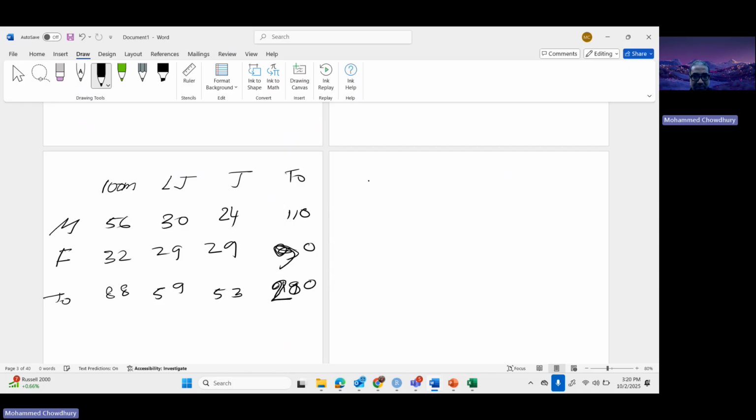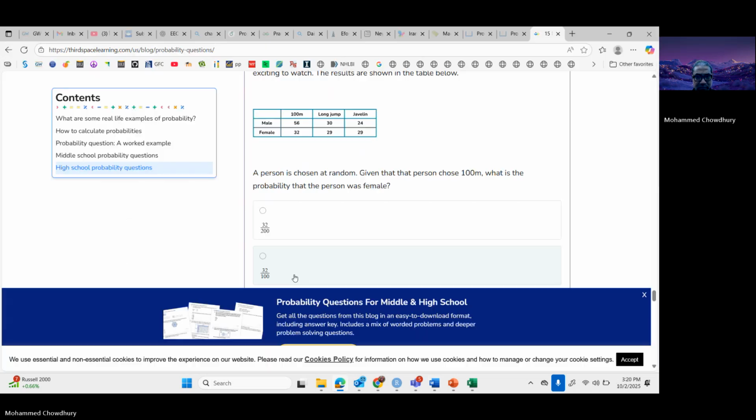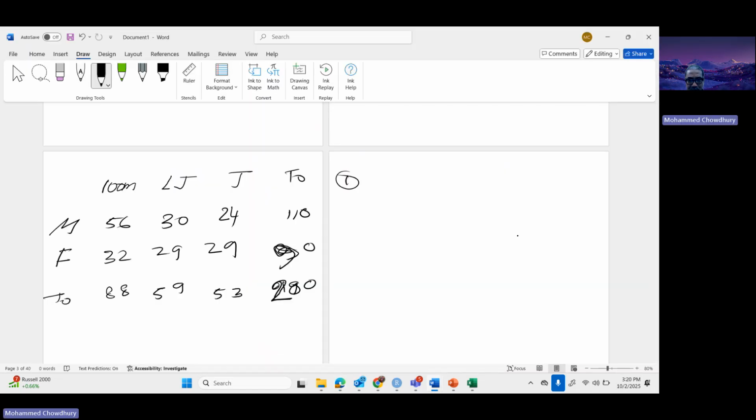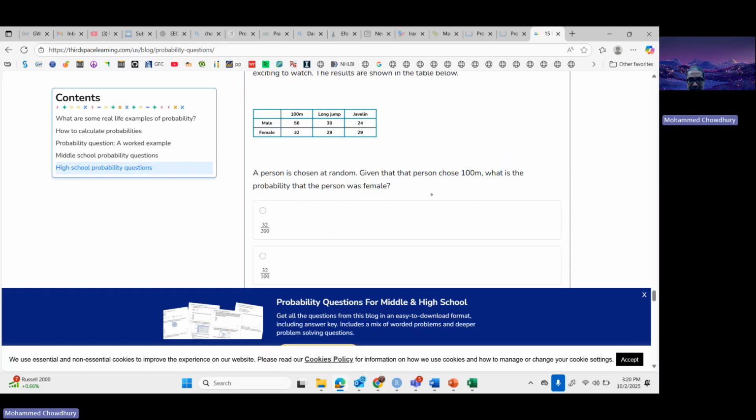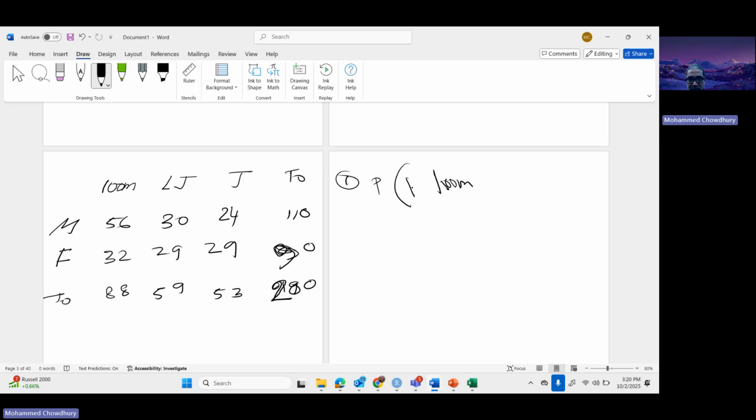So now the first problem is, a person is chosen at random, given that the person chose 100 meter, what is the probability that the person was female? Conditional, right? So the probability, he chose 100 meter, and what is the probability that the person was female?